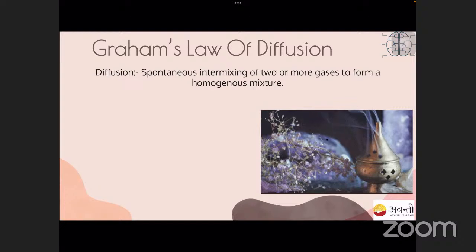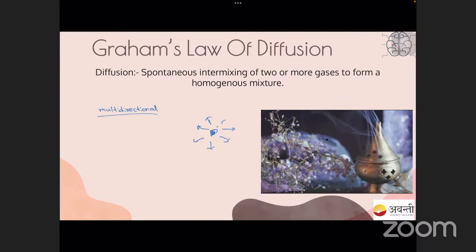Now let's say you have taken a scent bottle and broken it in the middle of the class. What will happen? Now will the scent go in any single direction? No, right? The scent will spread across the room along the same velocities, right? Nothing but diffusion is a multi-directional process.